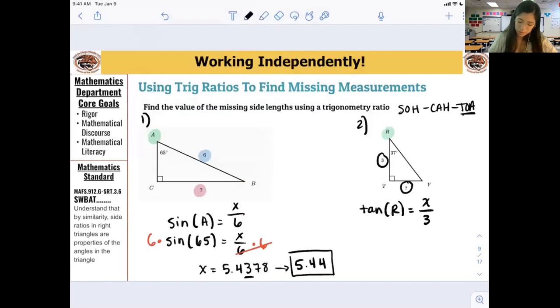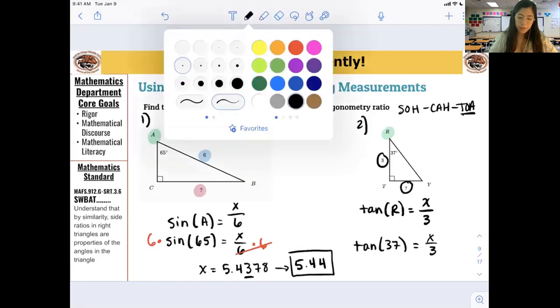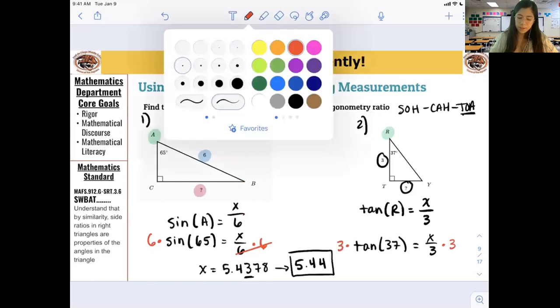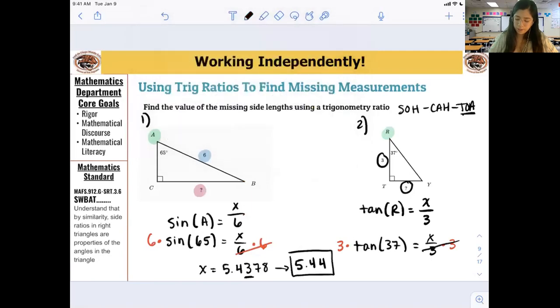Fill in everything you know. So the tangent of 37 is x over 3. And we're multiplying both sides by 3. Using your calculator, go ahead, get an answer, and round it to the nearest hundredths. 2.26.